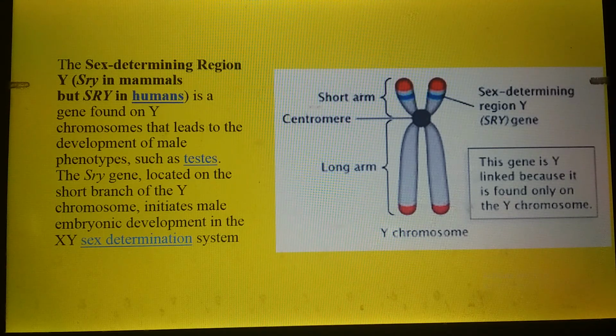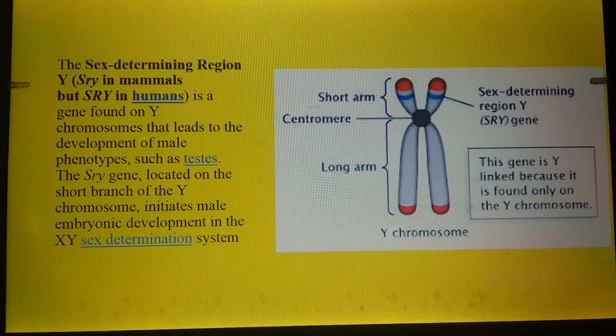And you must keep it in your mind, all the genes are present on the X chromosome, and only one gene is present on the Y chromosome, that is known as the SRY gene, meaning sex determining region of the Y. This is the one gene which is present on the Y and not present on the X chromosome or other chromosomes. And what is its function? It controls the testes development and other characters of the male.